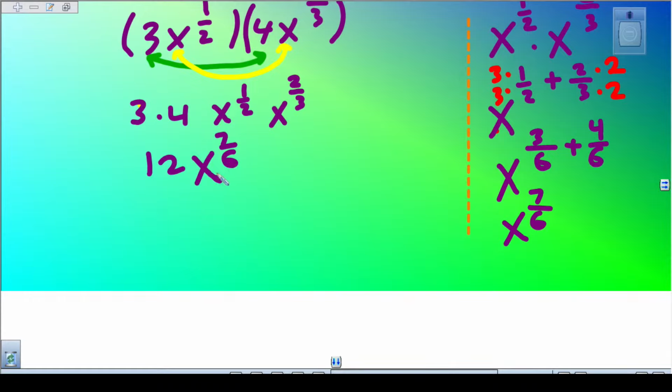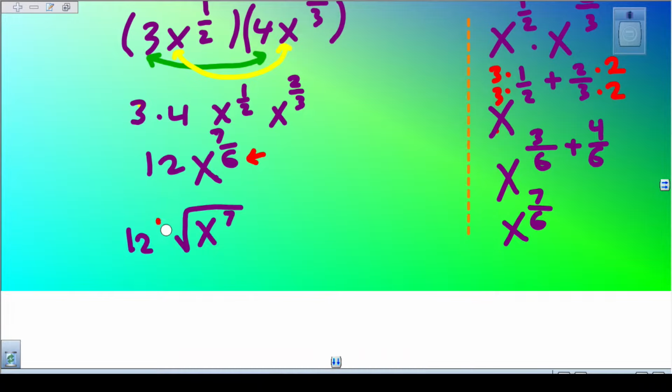This x to the 7 over 6, this is 7 by the way, is basically an x to the 7th power under the 6th root. What does that mean? Well, this means, remember, the denominator is the root. So 6th root, that's why I have the index here is 6.